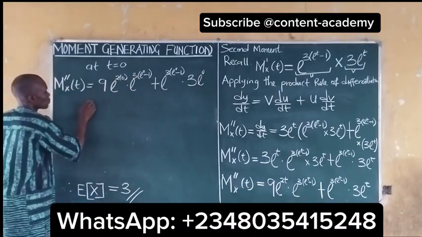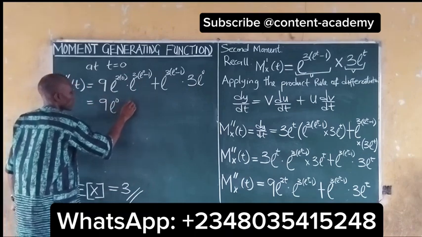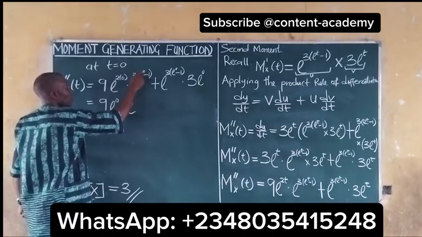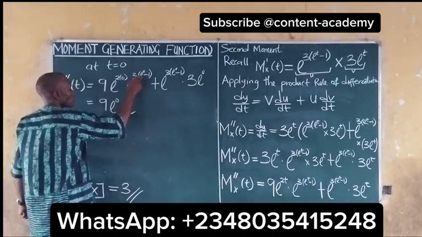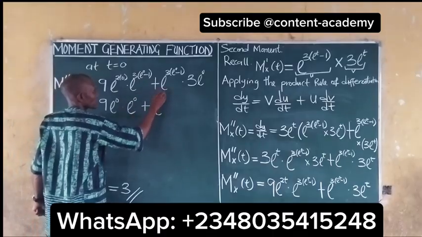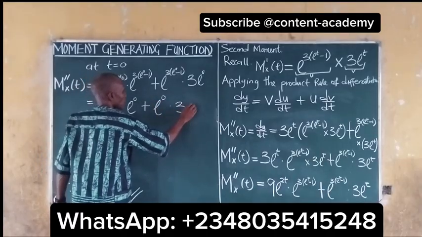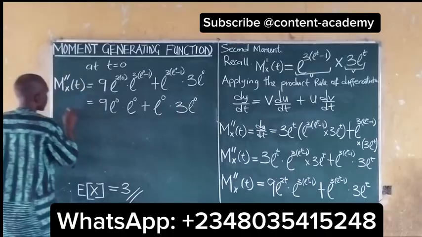So this will give us 9 exponential 0 multiplied by exponential, this is 1, 1 minus 1 is 0, 0 multiplied by 3 is 0, plus exponential 0 multiplied by 3 exponential 0.